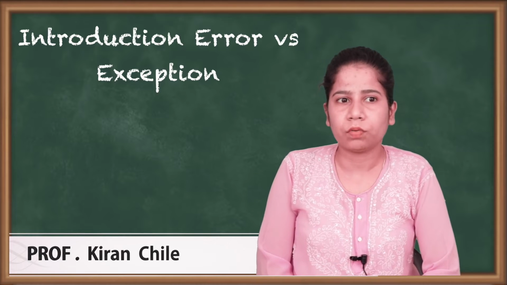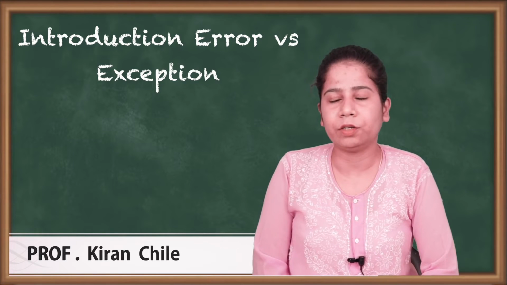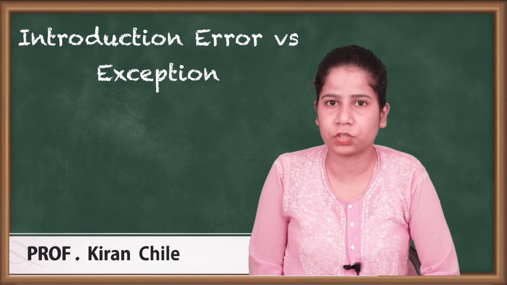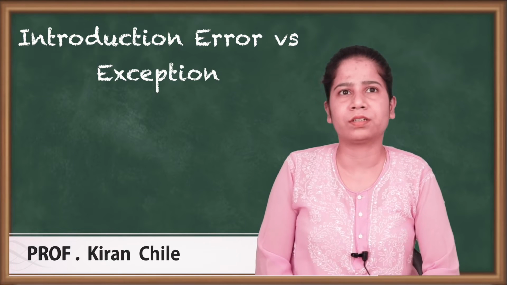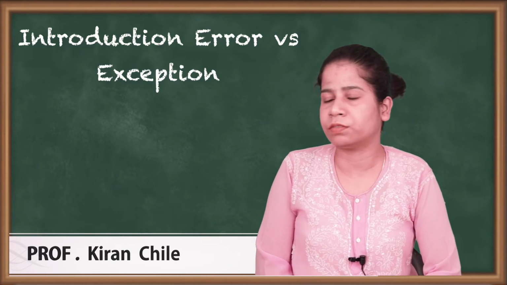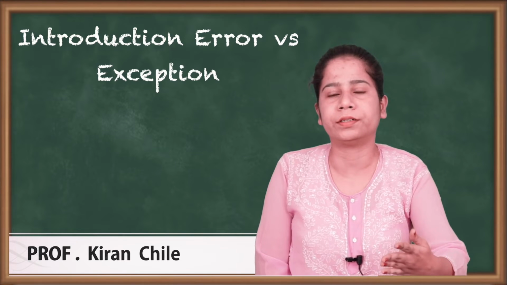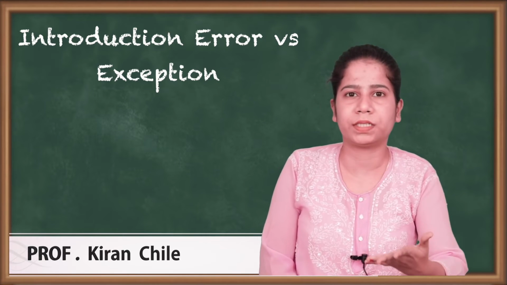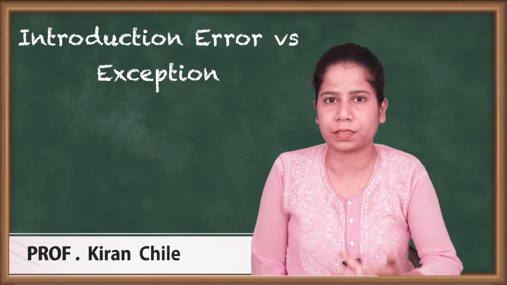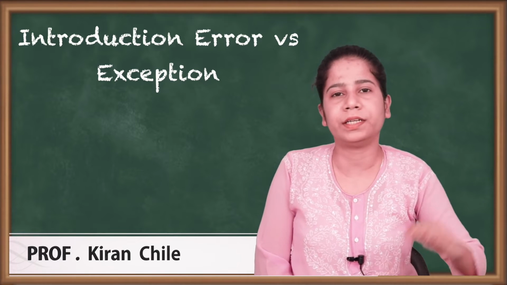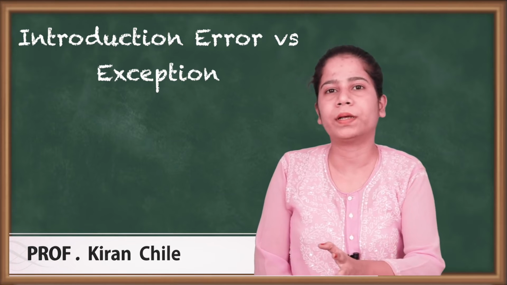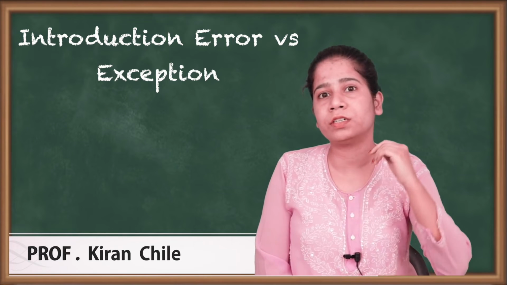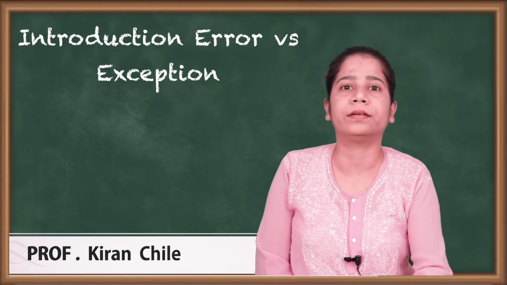Now Java has provided us a very good mechanism to handle such situations, because just imagine if you have a program which got terminated due to some logical mistake, which is totally not acceptable. A running system should run properly, and even if such a logical mistake happens, it should be able to handle it.